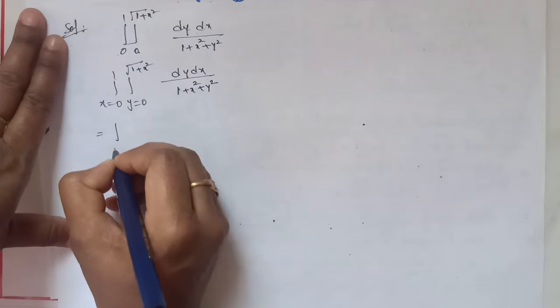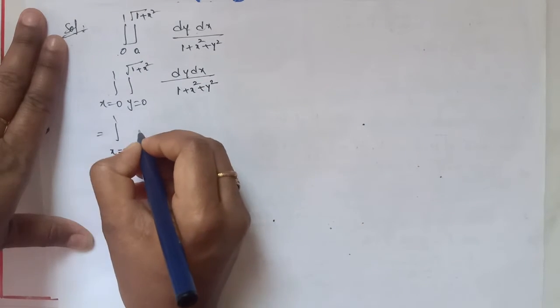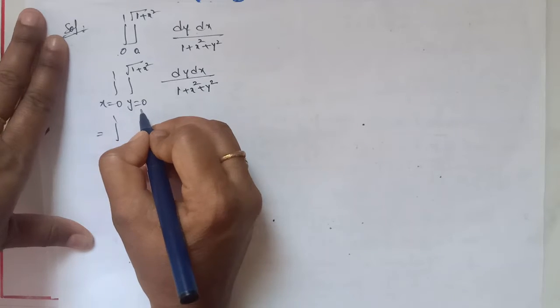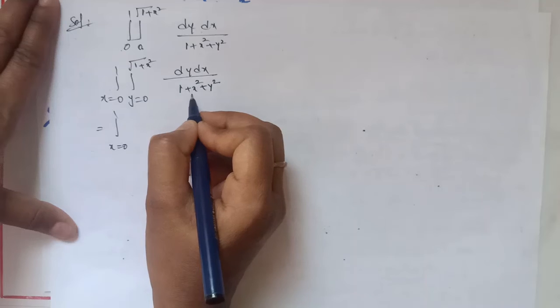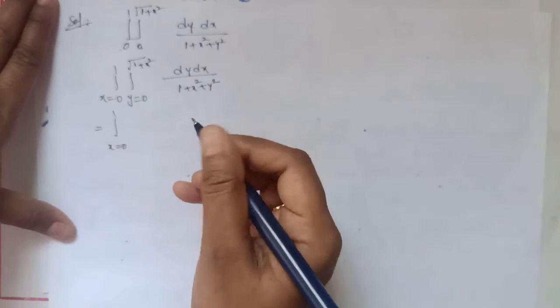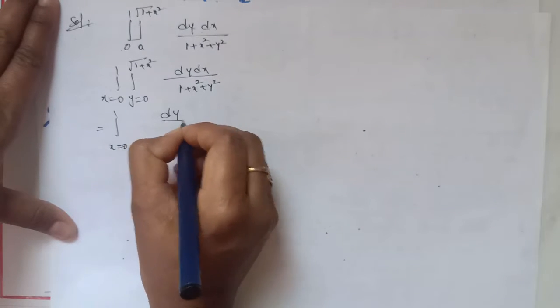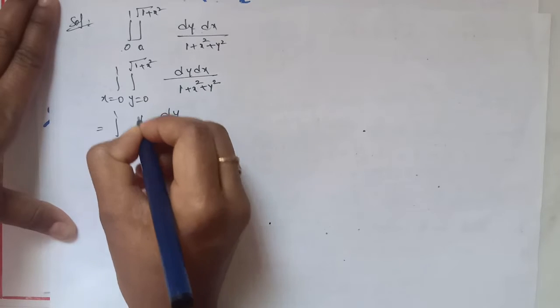This is equal to integral 0 to 1. Now you have variable limits for y, so first integrate with respect to y, later integrate with respect to x. So I am integrating with respect to y first.